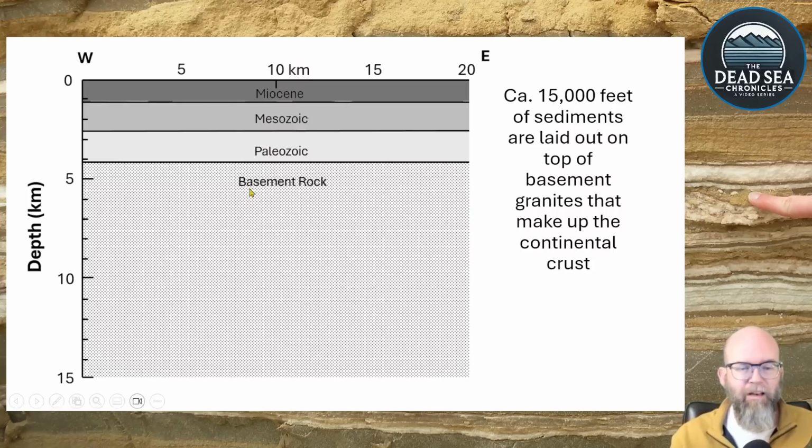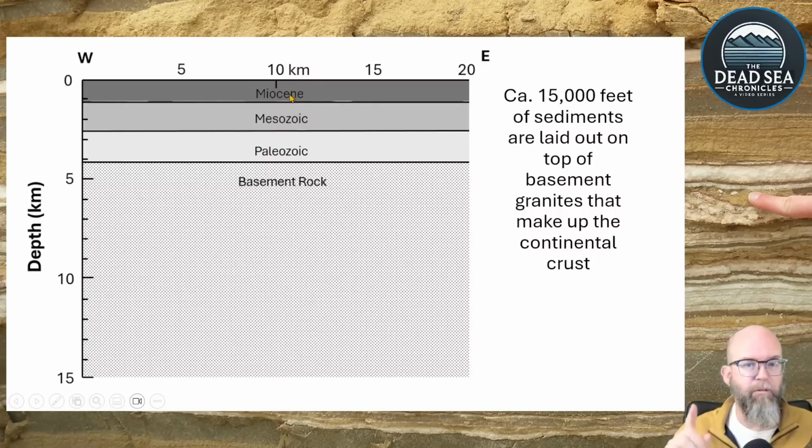So there's a number of different layers in the Paleozoic, which I don't have the timetable on here, but these rocks would be 500 million years old up to 270 million years old or so. And then you have the Mesozoic, famous for the Triassic, the Jurassic, and the Cretaceous, the age of the dinosaurs, ending at 65 million years. And then you have some Miocene rock on top of that.